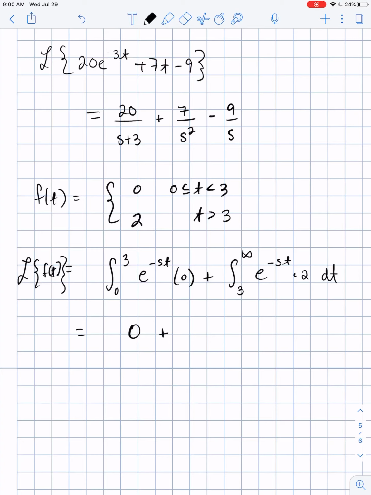Now this first one is just 0, that's easy, but this one you've got to still solve because it's going now from 3, not 0. So you're still going to have that negative 2 over s e to the negative st, but now we're evaluating from 3 to infinity, so it's negative 2 over s e to the negative s times infinity, which is going to be 0, plus 2 over s e to the negative 3s.